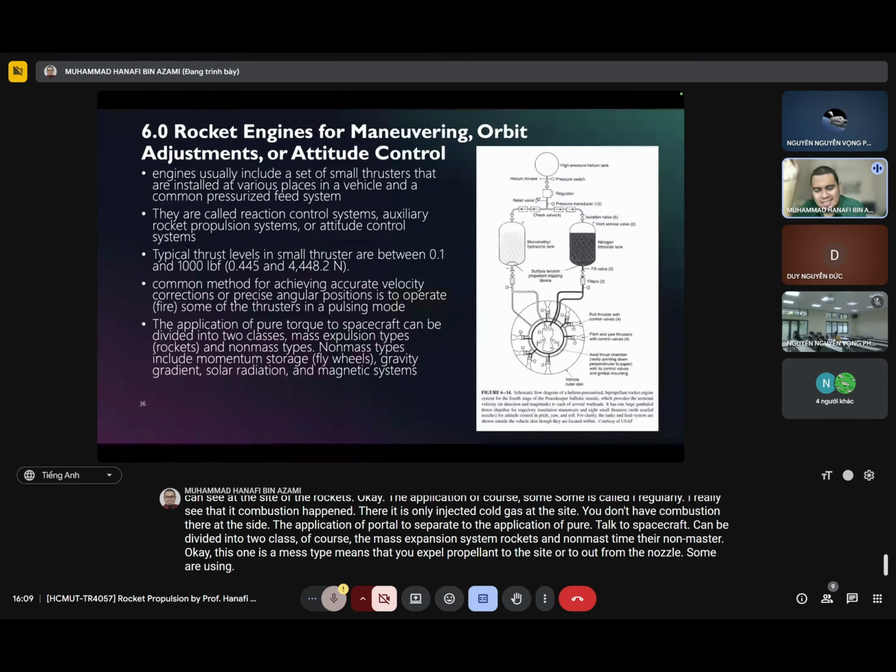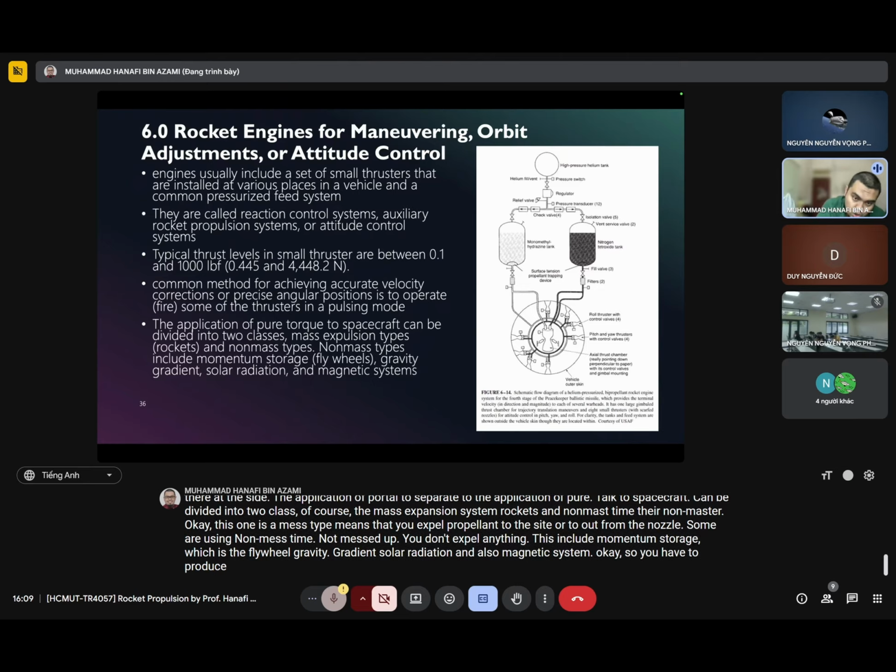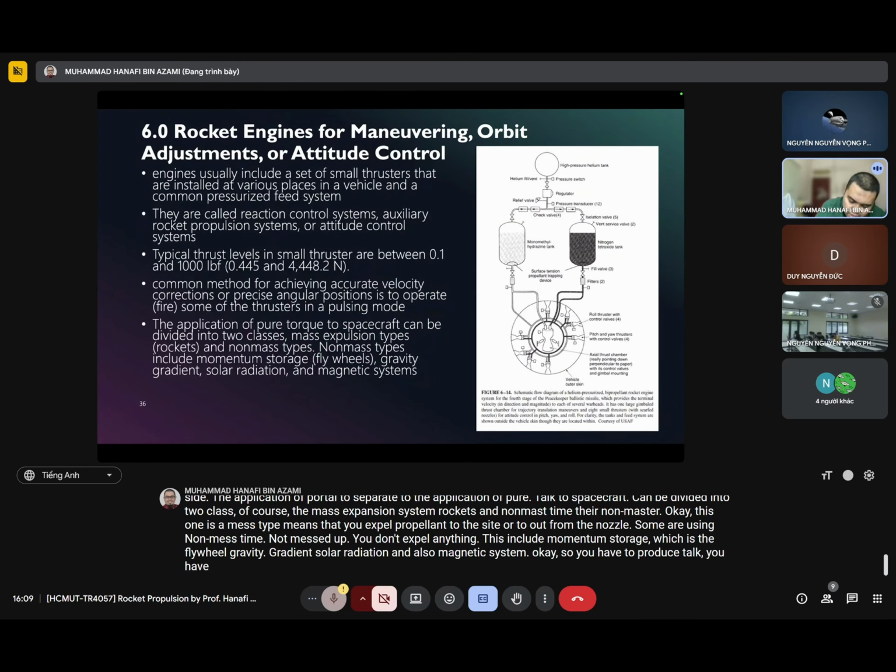Some are using non-mass type, where you don't expel anything. This includes momentum storage, which is the flywheel, gravity gradient, solar radiation, and also magnetic system. So to produce torque, you have mass expulsion type and non-mass expulsion type.